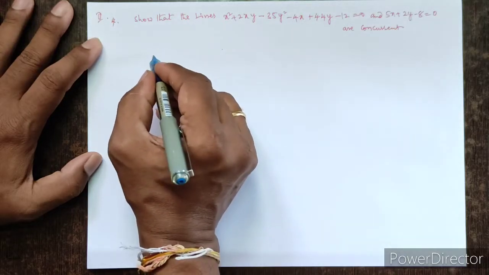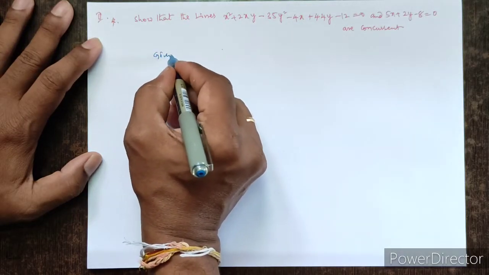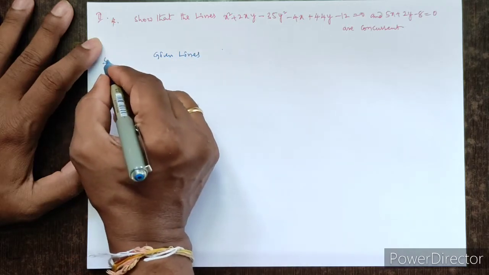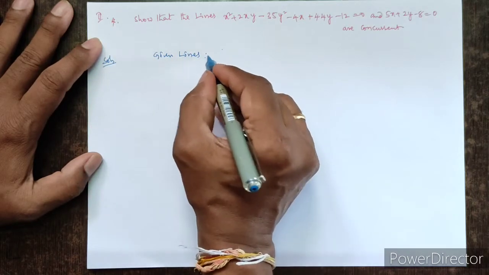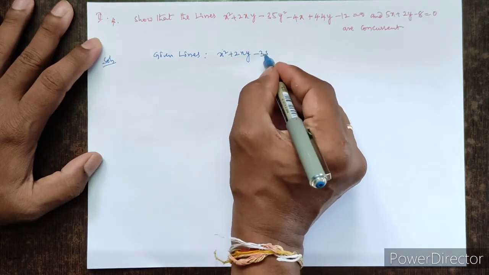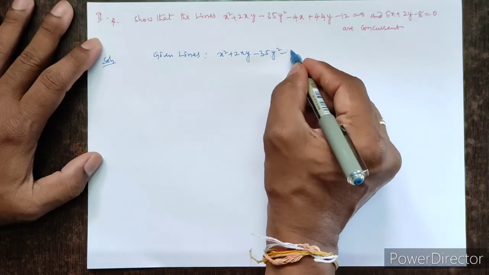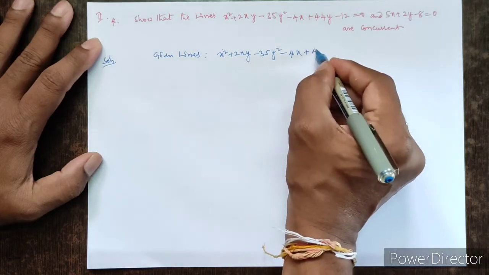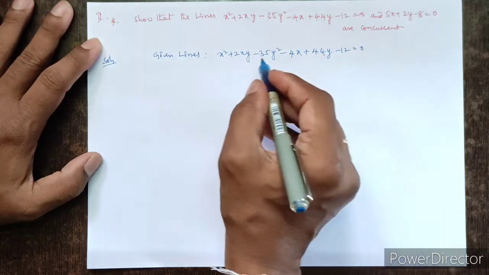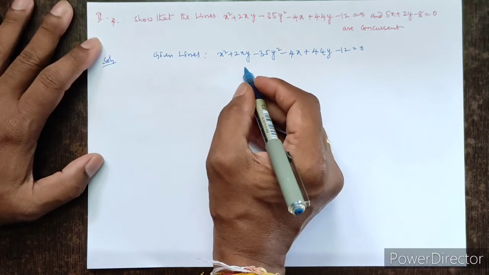So first, the given lines: x square plus 2xy minus 35y square minus 4x plus 44y minus 12 equal to 0. So this represents two lines.